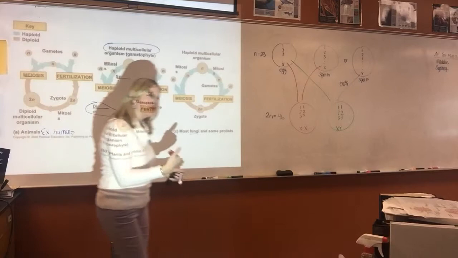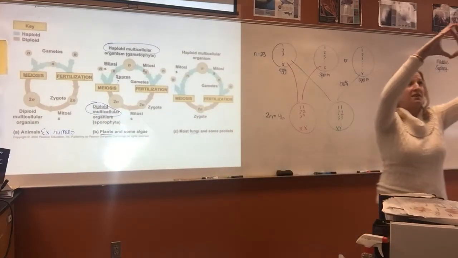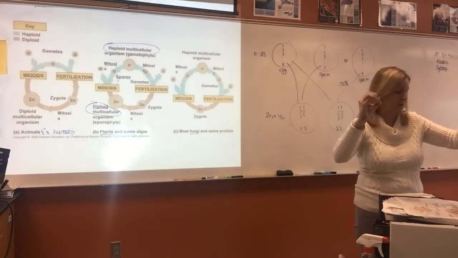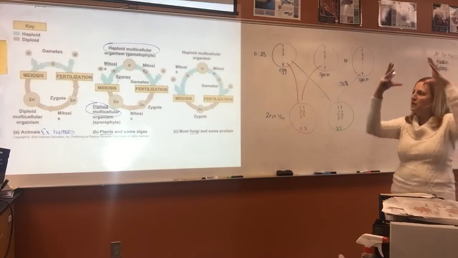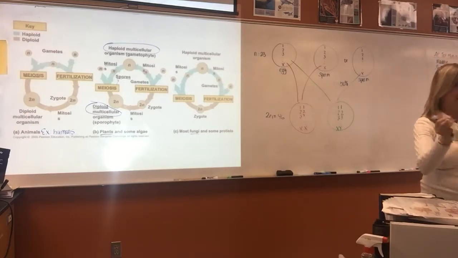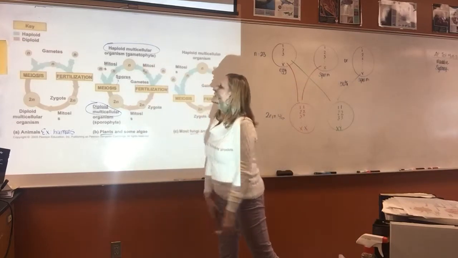What does mitosis do? It just makes cells exactly like your first cell. However many chromosomes were in that first cell, that's going to be in the two cells at the end. So if you have a cell with N, half the number of chromosomes, when you divide by mitosis, you're going to have two cells that each have N chromosomes. And this grows into a multicellular organism.